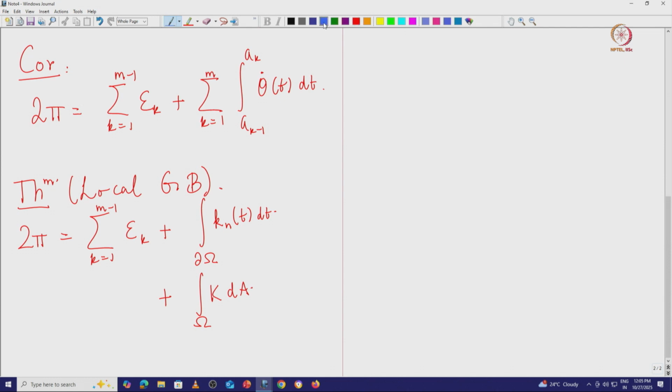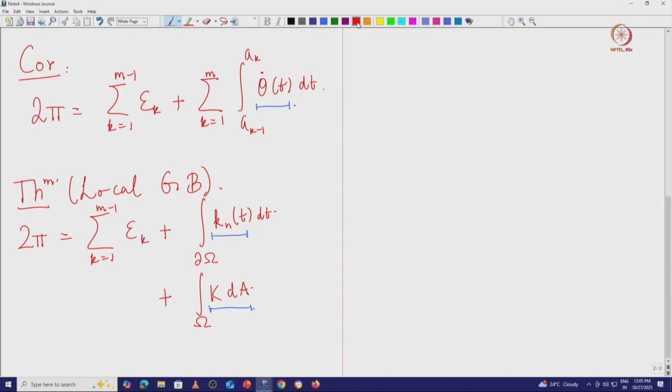So in order to complete the proof from the corollary, I basically just need to relate theta dot to these two terms. That will be the main goal of today's lecture, and that will complete the proof of the local Gauss-Bonnet.